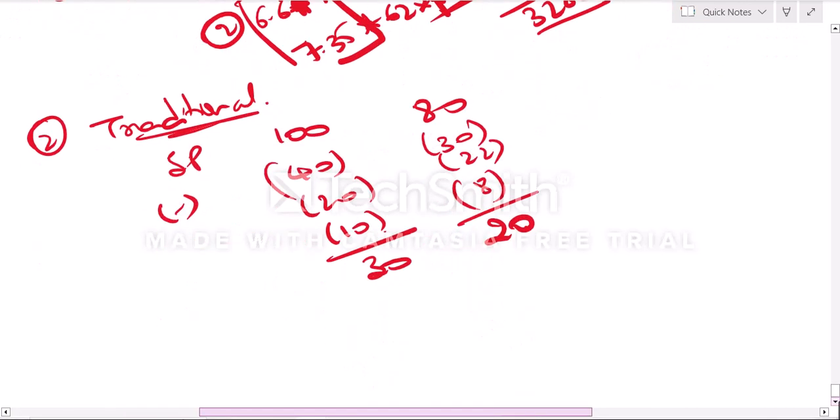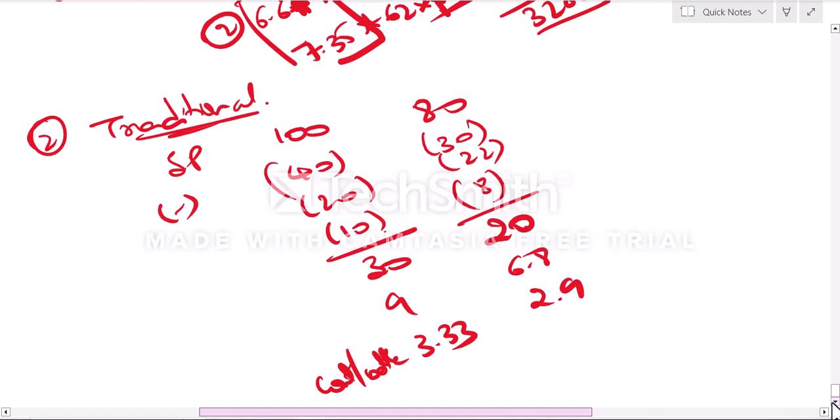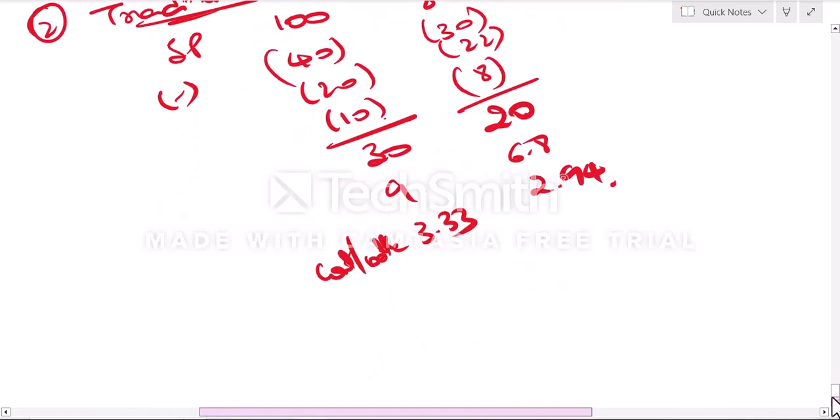And contribution per bottleneck: how much is each unit using? One is using 9, one is using 6.8. So contribution per bottleneck: 30 by 9, 3.33. 20 by 6.8, 2.94. So here we have to give priority to hot chocolate, second priority to latte.